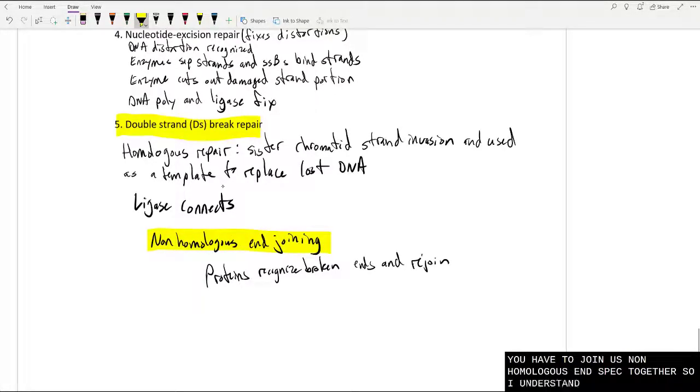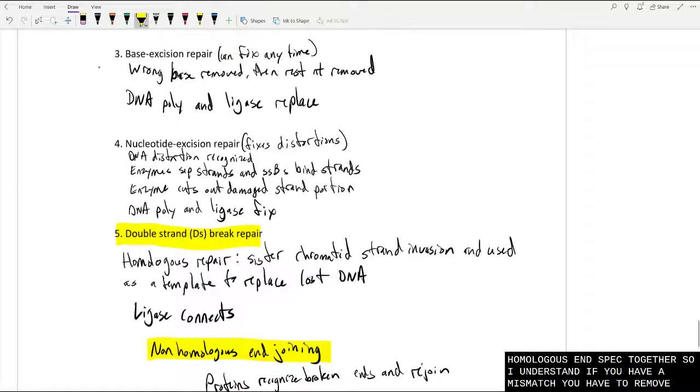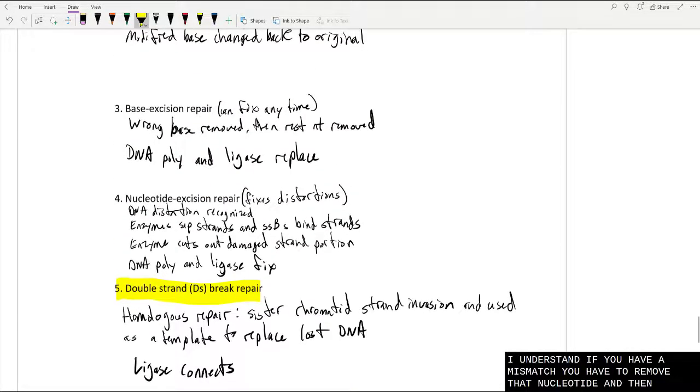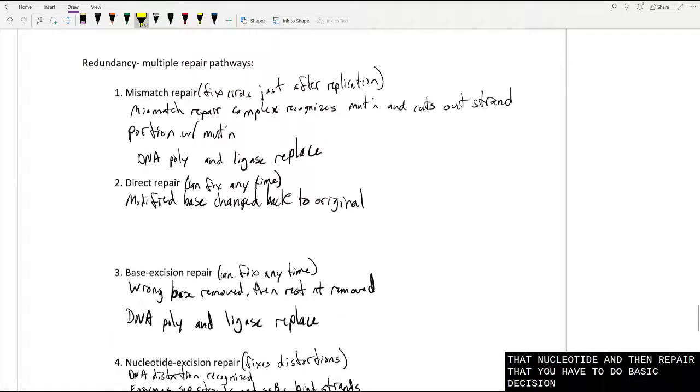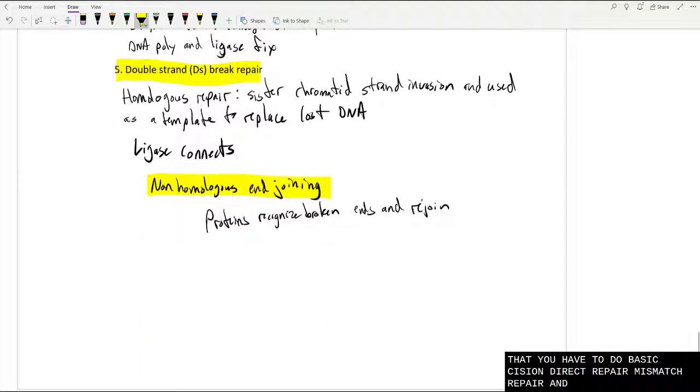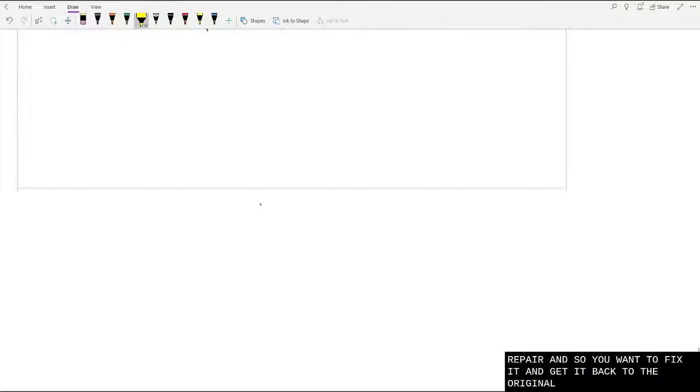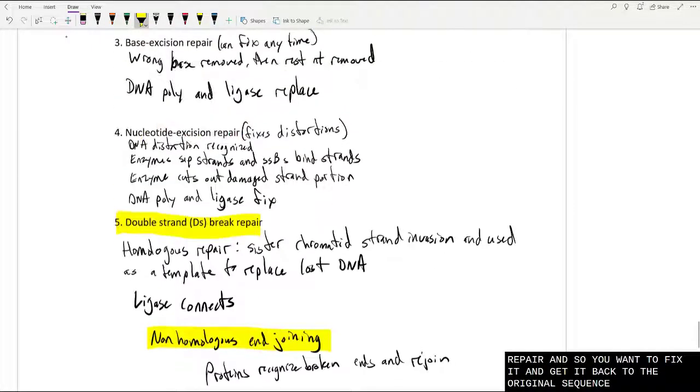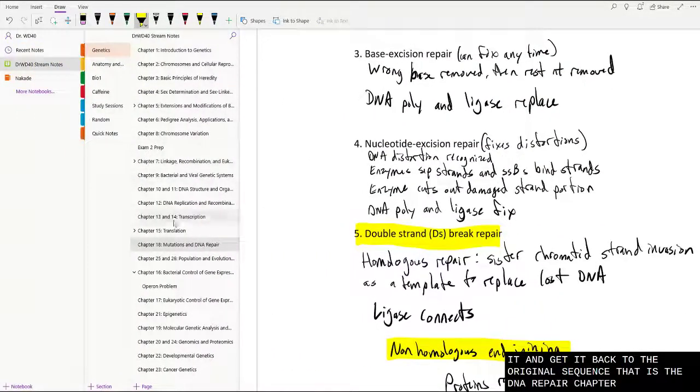Understanding if you have a mismatch, you have to remove that nucleotide and then repair it. You have to do base excision, direct repair, mismatch repair. And so you want to fix it and get it back to the original sequence. All right, that is the DNA repair chapter.